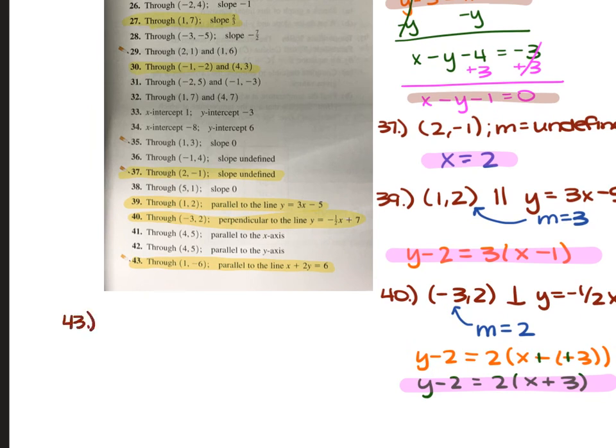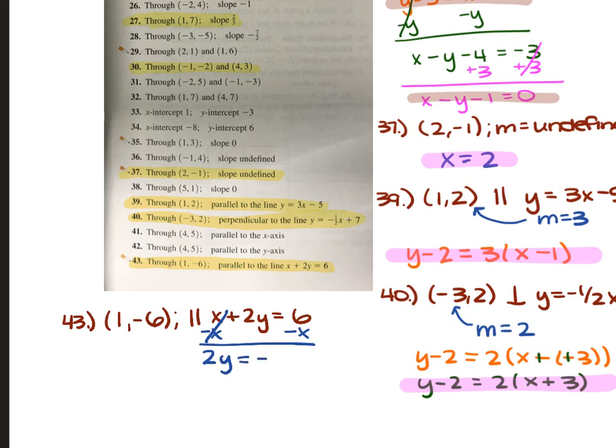For 43, we're going through the ordered pair 1, -6, and it's parallel to the line x plus 2y is equal to 6. If it's parallel to this line, it has the same slope, so we're going to get y by itself. We're going to just move x over by subtracting it from each side. We have 2y is equal to negative x plus 6. We divide everything by 2.